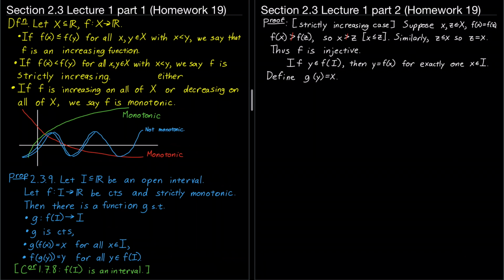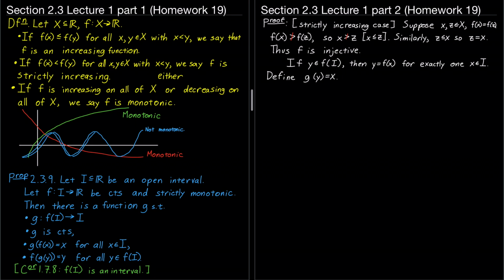This is a well-defined function. If you give me a y in f of I, there is an x that works, and there's only one x that works. So that means that you know what g of y has to be.